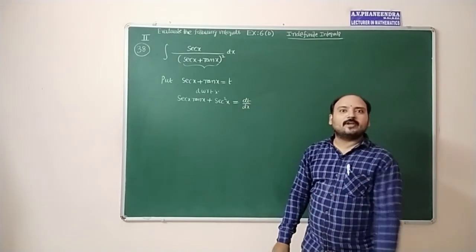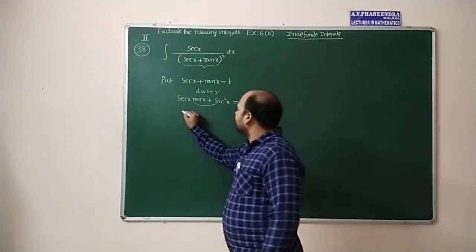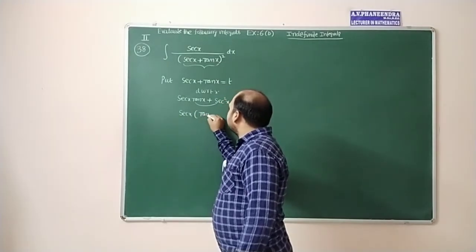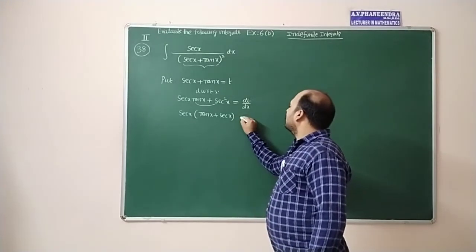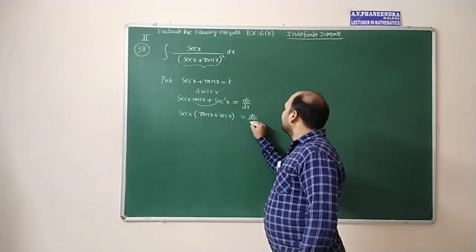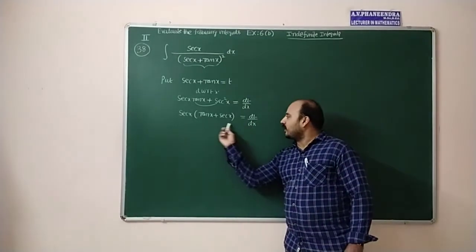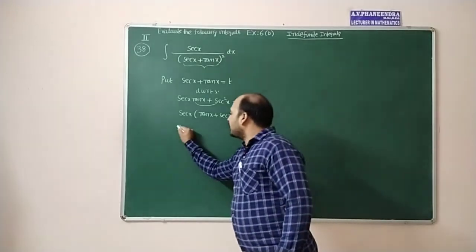Now from these two terms I am taking secant x common. Secant x into tan x plus secant x is equal to dt by dx. Now here you have to remember that dx I am taking here, tan x plus secant x I am taking here. Observe that carefully.